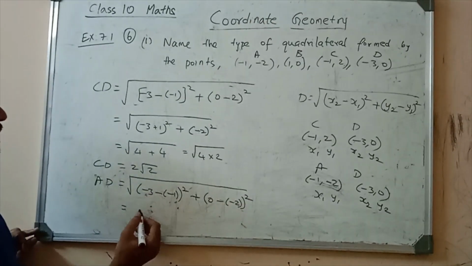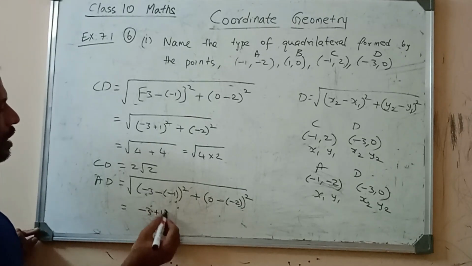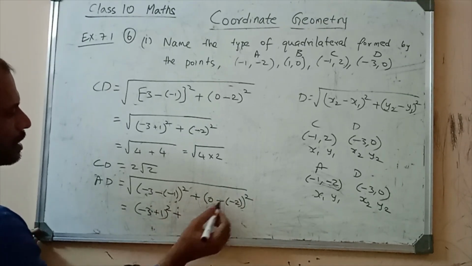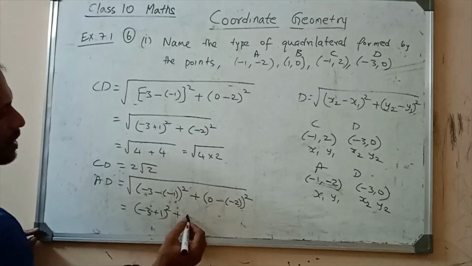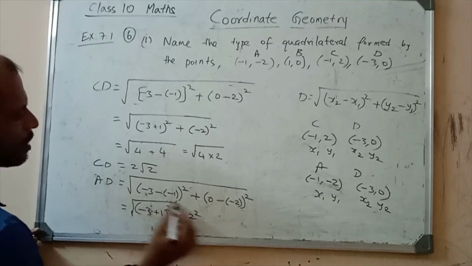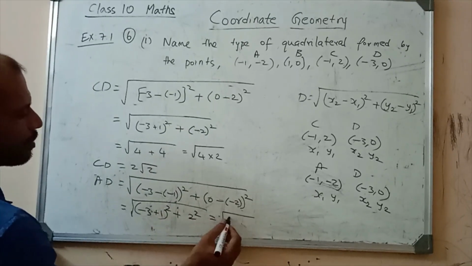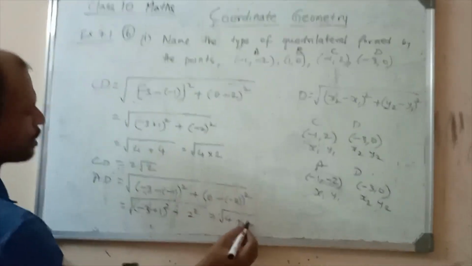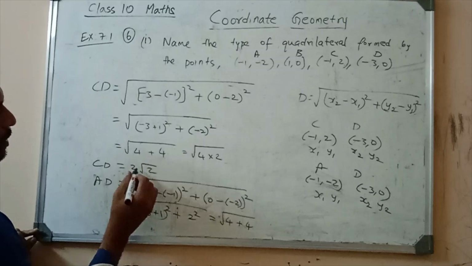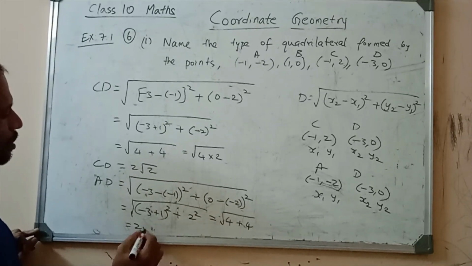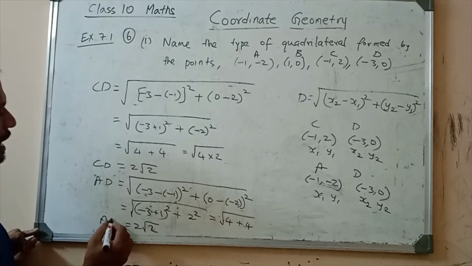Now minus 3 plus 1 whole square plus minus of minus 2, 2 square. So minus 3 plus 1 is 2 only, 2 square 4, again 2 square 4. This again root of 4 plus 4, we derived 2 root 2. So we get AD also 2 root 2.